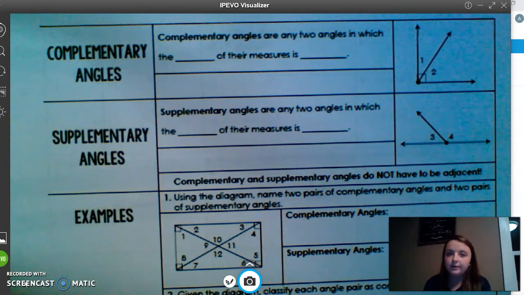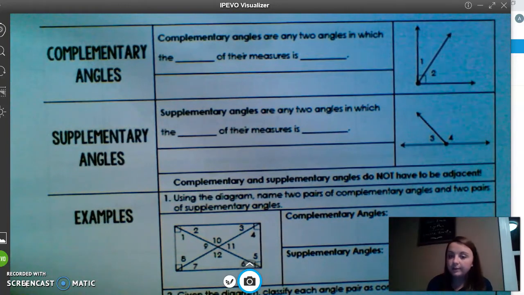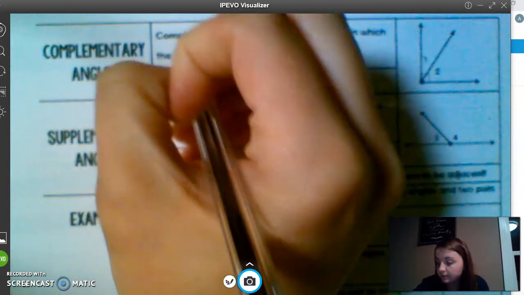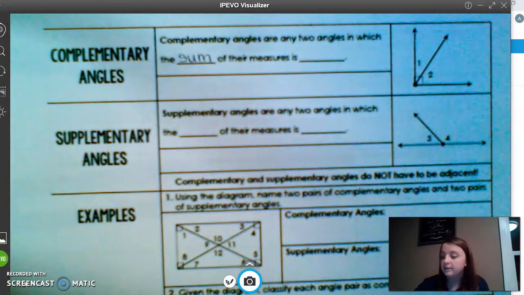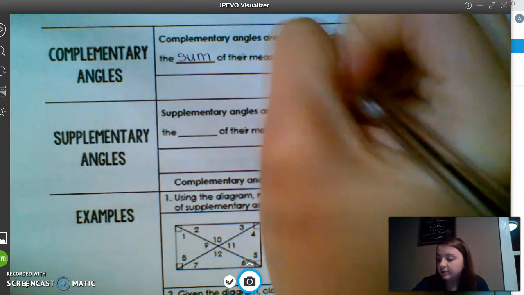What I'm getting ready to tell you with that information might help you. Others, it's just going to confuse you even more. But complementary angles, remember complements are easier, smaller, not as hard to do, are any two angles in which the sum of the measure of their measures is 90 degrees.